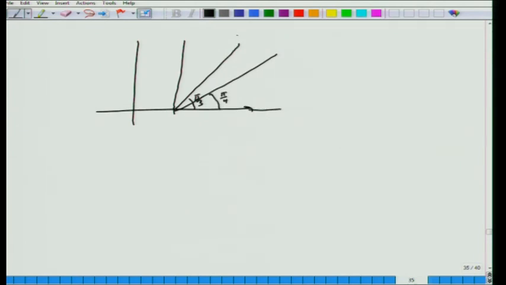This corresponds to p equal to root 3, and this corresponds to p equal to 1. So, when the slope is greater than root 3, we get a strong maximum, here we get a weak maximum, and here we get a weak minimum in this range.